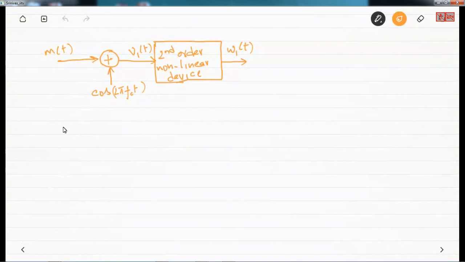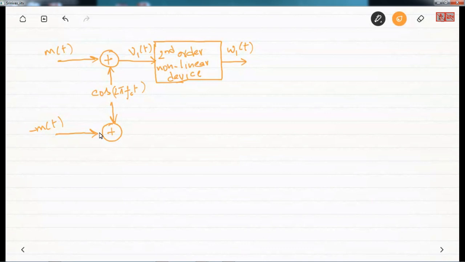So I came back to the original diagram. As I said, we have to fill in some details, right? So now we have minus m of t, and we have the same cos 2 pi f ct here, right?